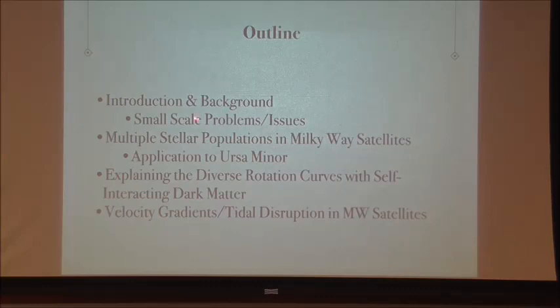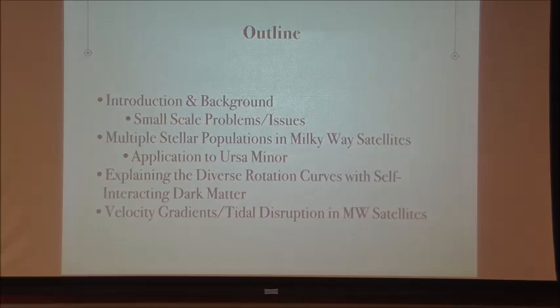First I'll talk about some background, focusing on why we think dark matter exists, and then on the problems and issues with this model. Secondly, I'll talk about multiple stellar populations in Milky Way satellites, which was a big part of my dissertation.